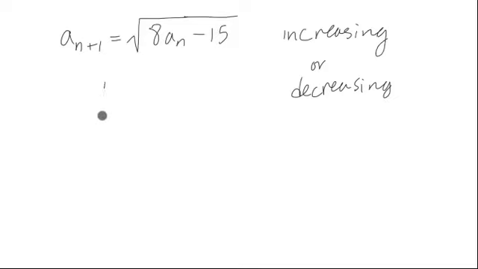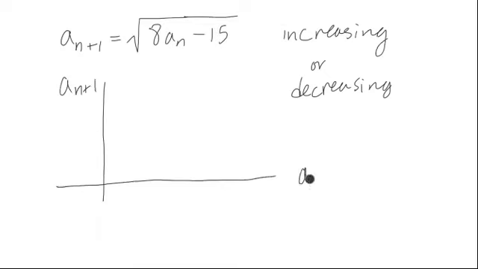Let's draw a little graph. Let's plot a sub n plus 1 against a sub n. Against different values of a sub n, what happens with a sub n plus 1? So this is like current to next.